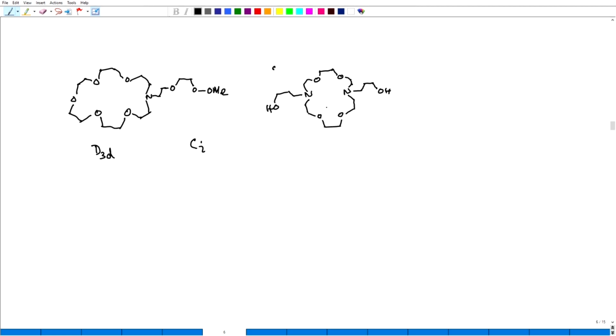So all I can do, one arm can protect from top and one can protect from bottom also. So that when some metal is here, an alkali or alkaline earth metal, then this alcoholic group, the OH group, can come here and hydrogen will go and O minus from top, and this one can go bottom.